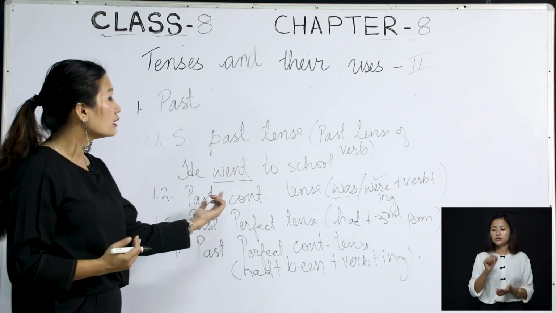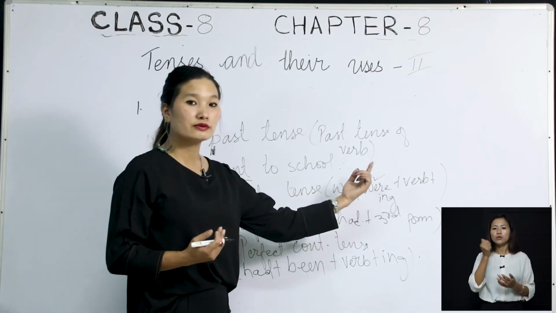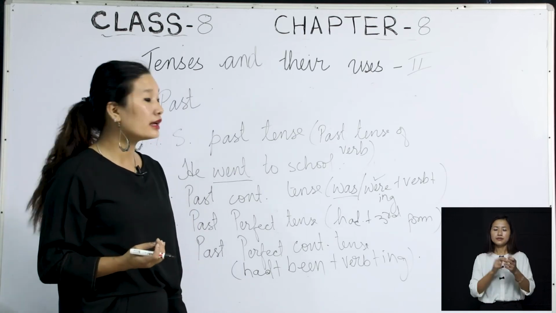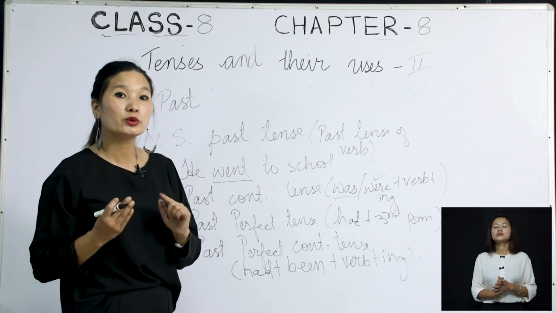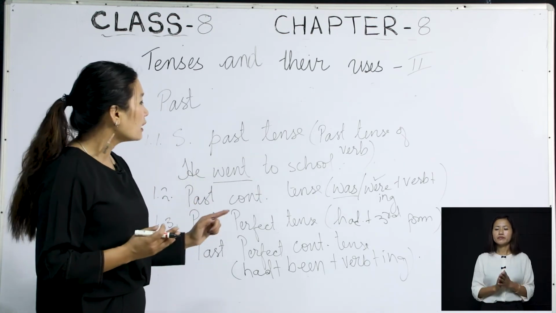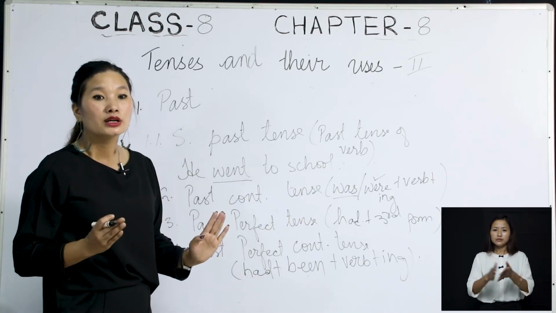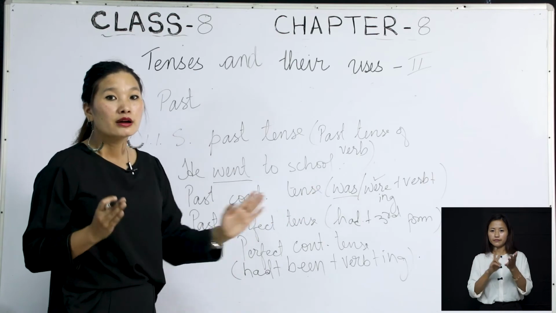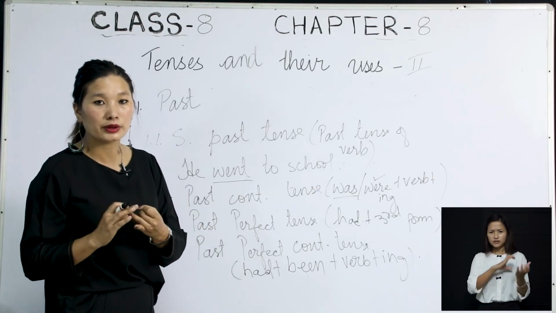You can say he was going to school, and the formula is was or were plus verb plus ing. If you are discussing a group of boys, you can say "they were going to school," because they is a plural subject, you know that. So depending on the subject of your sentence, you will change the verb. Verb changes with the change of number, whether it's singular or plural, right?